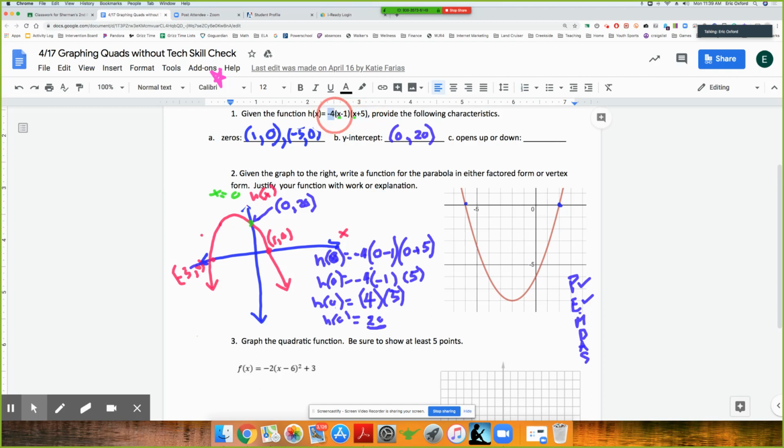So negative 4 is called the leading coefficient or the leading number. It's a negative number, so therefore it doesn't open up. Negative is a downward direction. So it opens down. Okay?